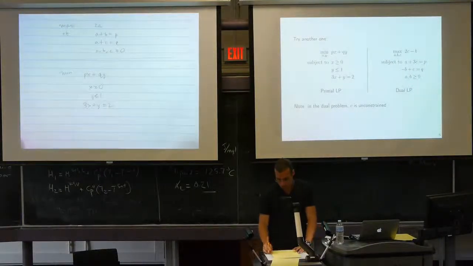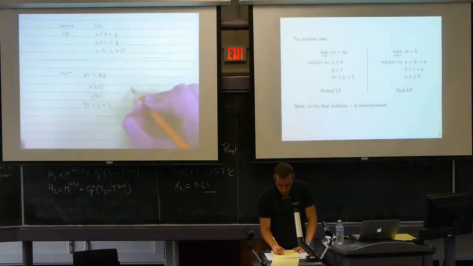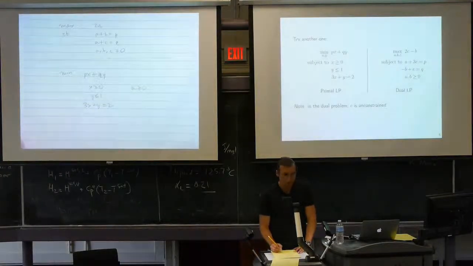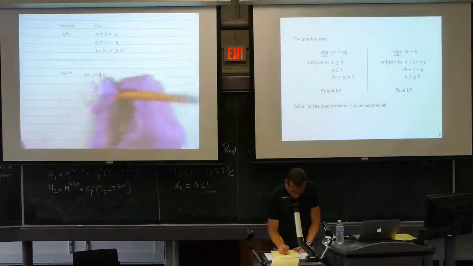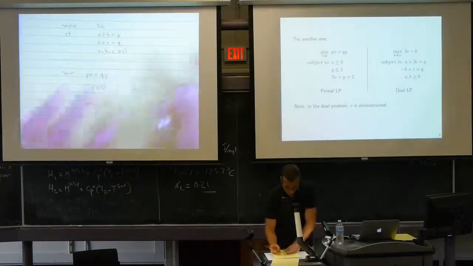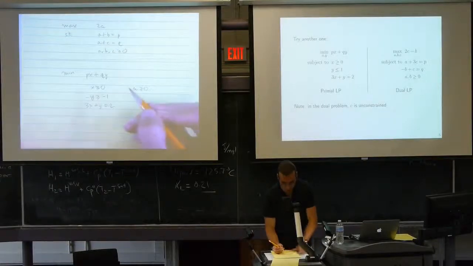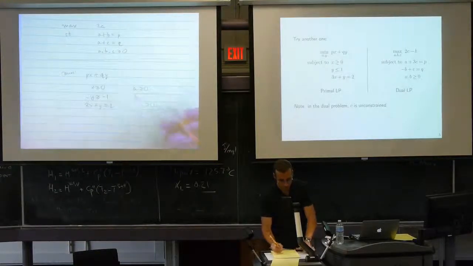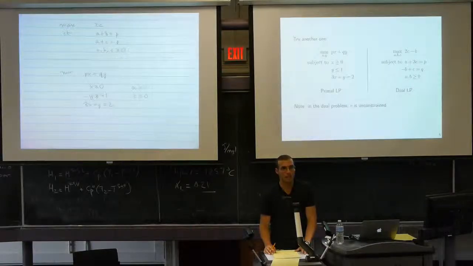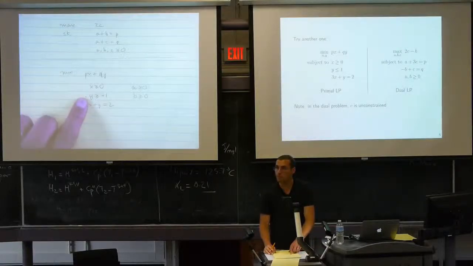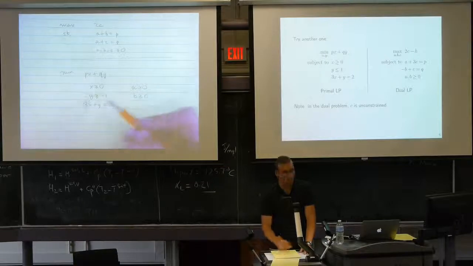So I go through the same set of steps. I'm going to look at a variable a. I'll look at a variable b. But before I do that, I'm going to rewrite this constraint in the following way: minus y is bigger than or equal to minus 1. That way I can make b non-negative and multiply it against minus y, and I have all these inequalities going in the same direction.